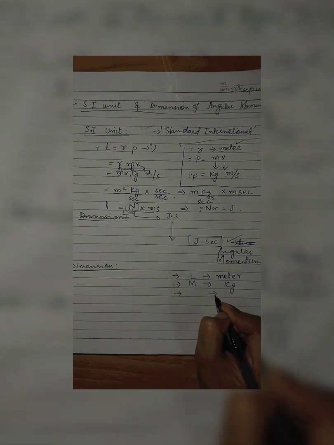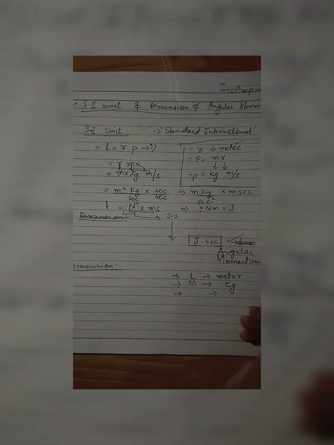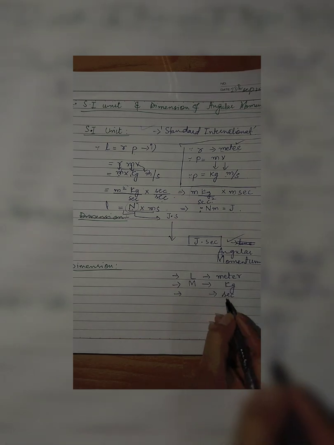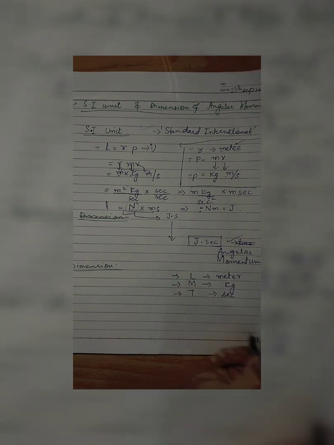And any quantity like time, definitely time only have a SI unit, that is second. In order to replace second, we use T.